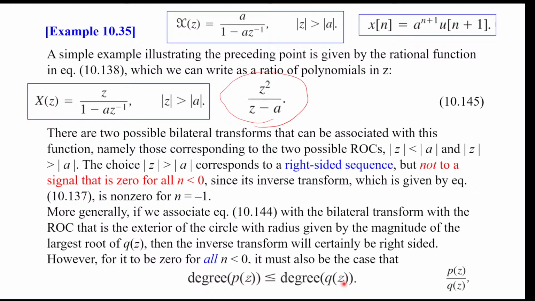So the signal doesn't correspond to a unilateral Z transform. Only nice signals that include infinity inside the RoC have an inverse unilateral Z transform.